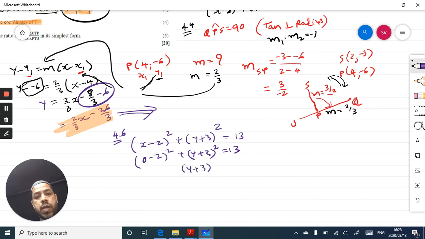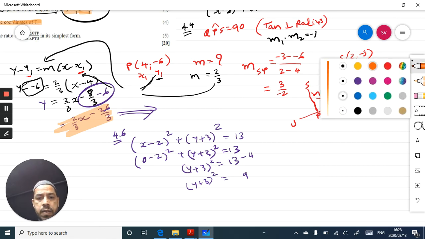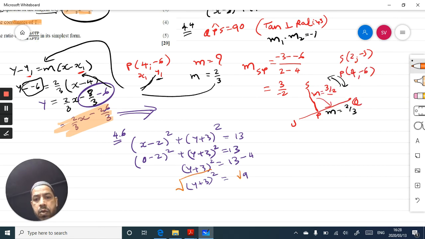Y plus 3 squared equals 13 is already there. Negative 2 squared is positive 4. If I take it to the other side, it will be negative 4. So I'm left with 13 minus 4, which is 9, equals y plus 3 squared. To get to y, I need to take the square root of both sides. So my answer is plus or minus 3. I'm left with y plus 3.